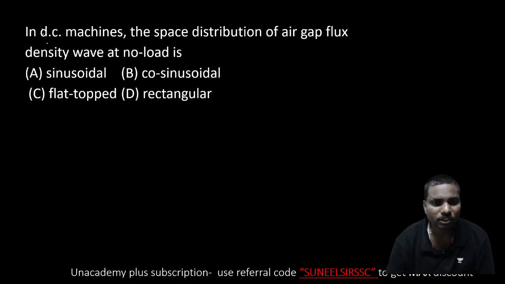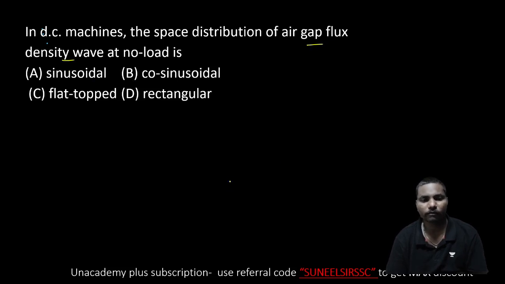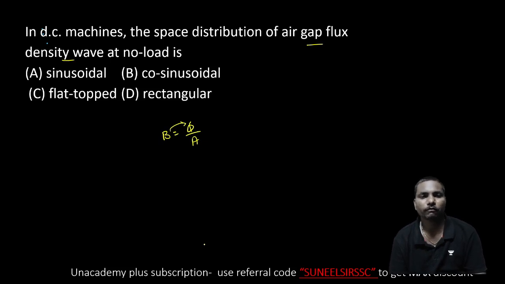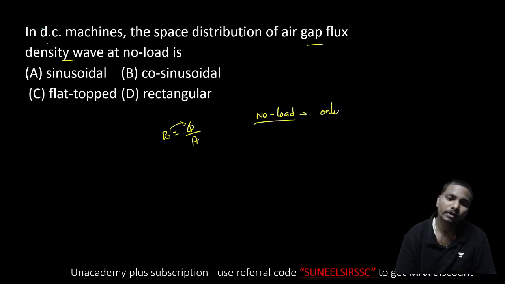In a DC machine, the space distribution of air gap flux density at no load. Flux density B is equal to flux per unit area, so it is directly proportional to the flux. But in case of no load, they are asking, we have only main field flux.